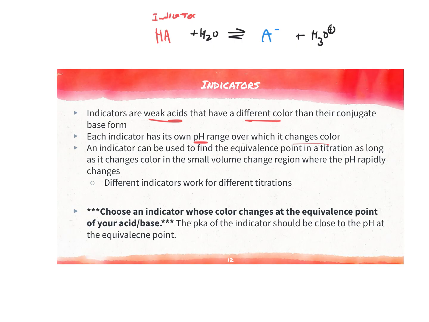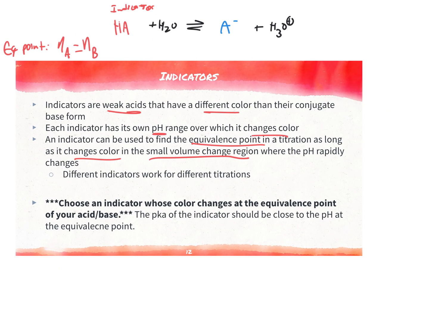And so an indicator can be used to find the equivalence point. Again, as a reminder, equivalence point is when number of moles of acid equals number of moles of base, as long as it changes color in the small volume change region where the pH rapidly changes.